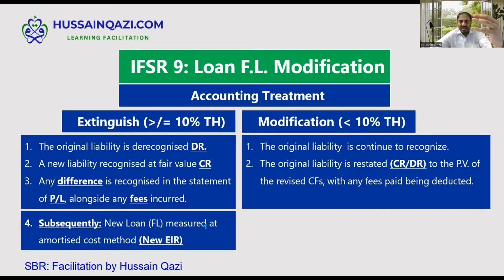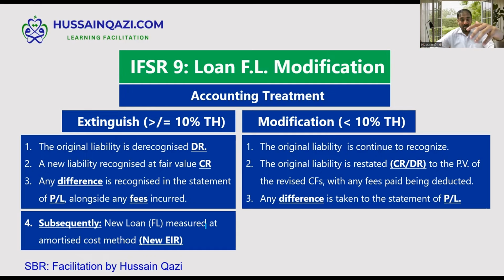If the change increases the liability, that should be credited. If it decreases the liability, that should be debited. So the original liability is restated to the present value of the revised cash flow with any fees paid being deducted. Number three, any difference is taken to the profit and loss.